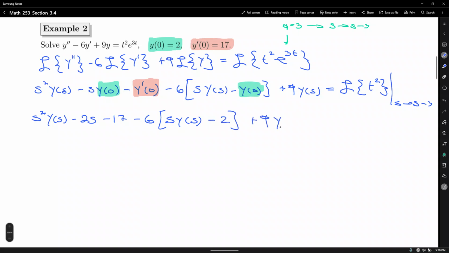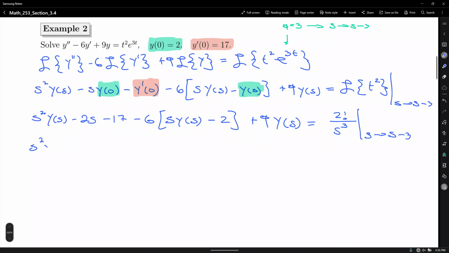Plus 9 Y of s equals the transform of t squared, that's the exponent factorial over the new variable s increased by 1 power, which in this case is cubed. And then we're going to shift it to s minus 3 later, all right? So let's keep arranging the equation.